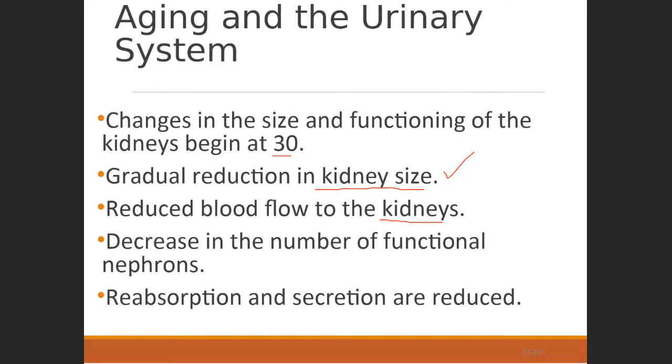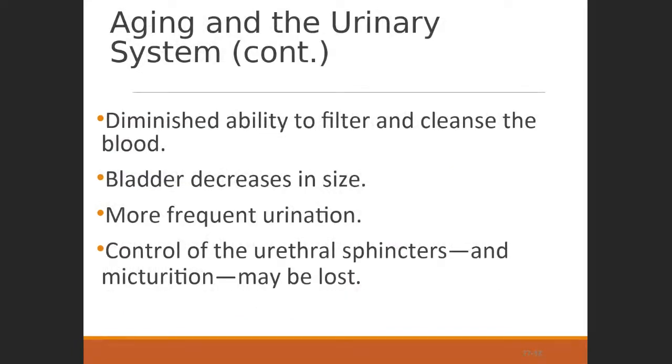If we reduce the number of nephrons or we reduce the effectiveness of the nephrons, obviously we're going to have an impact on the reabsorption and secretion, because we're removing the functional subunits, or at least hindering their ability to do their job. All of that taken into consideration, we have a diminished ability to filter and cleanse the blood. Now we see an impact in blood composition.